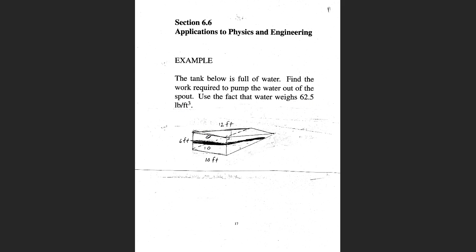And what am I doing here in my picture? So the tank is 6 feet high, and it's 10 feet wide. What I've done is you might notice there's a strip, so to speak.